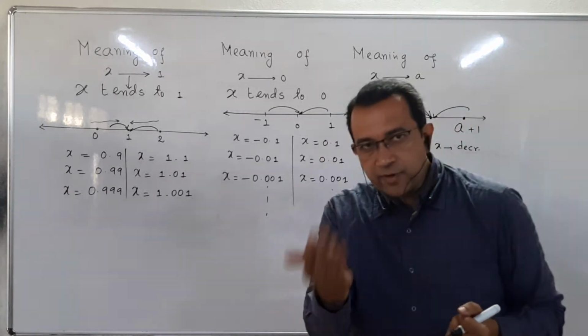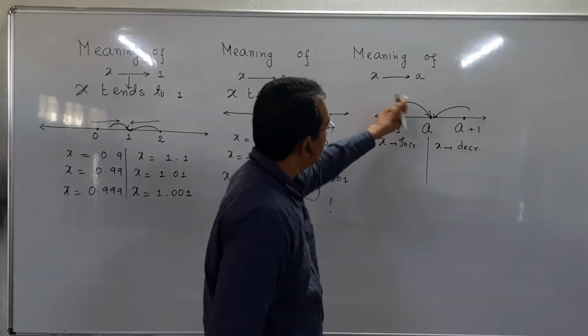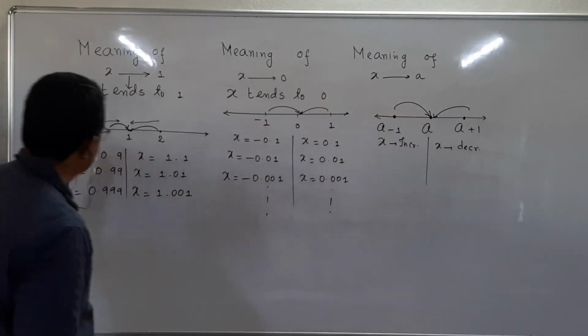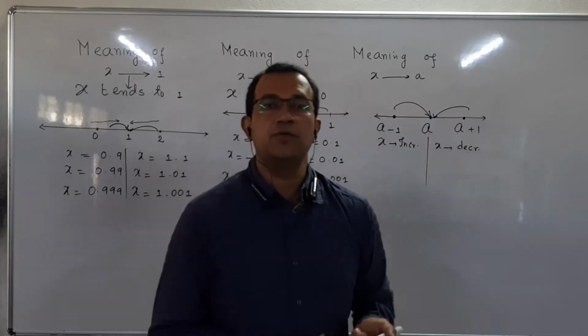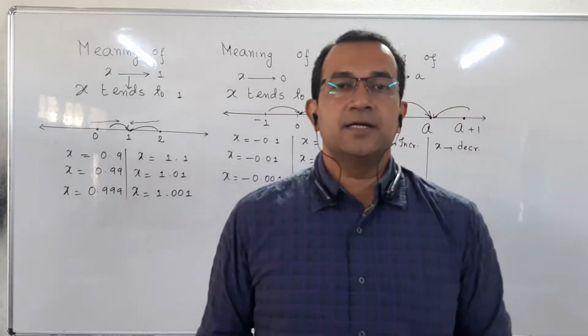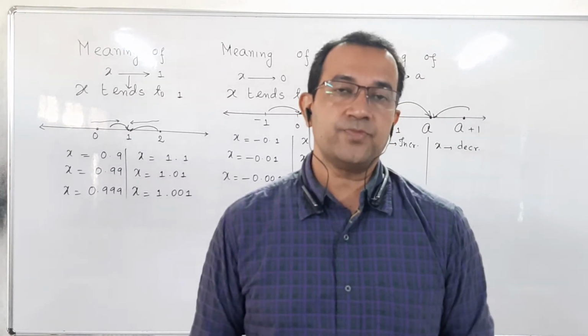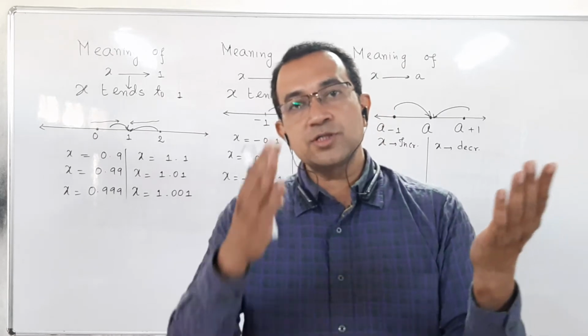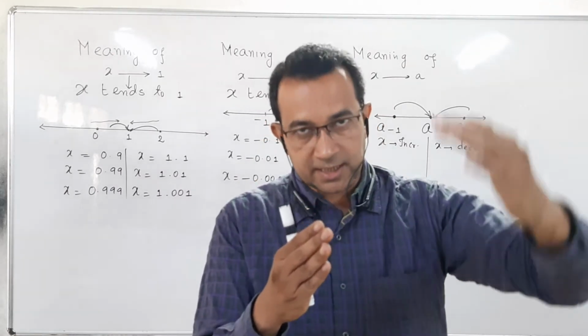So when we come from less than a towards a, means when we come towards a from left hand side, check always x increases. And when we come towards a from right hand side, always you can say the value of x decreases. So when we are approaching from left hand side, the corresponding value of x always increases.